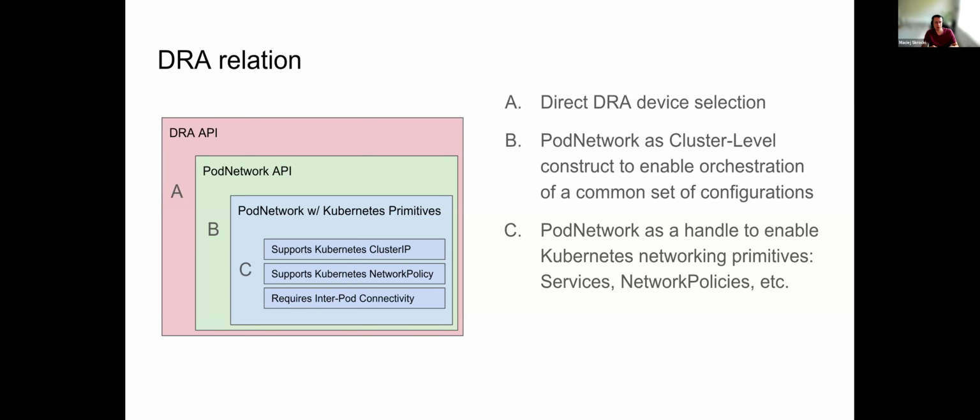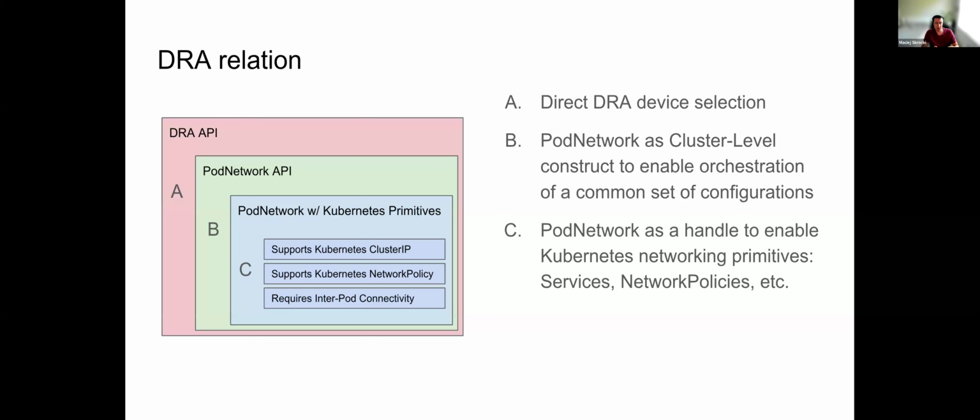Then we want to call out a pod network area. I'm going to talk about the pod network API later on. But for now, I just want to call out segment B, where we want a means for orchestration of a common set of configuration, in this case, a networking aspect.